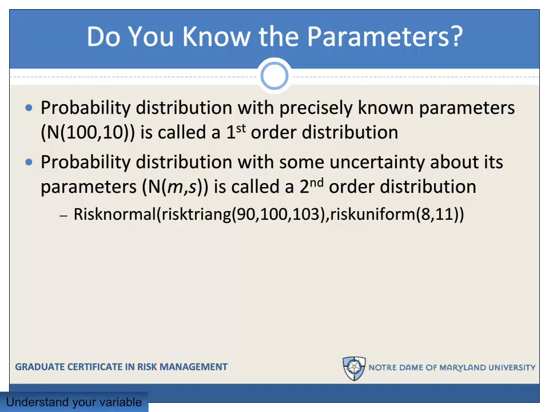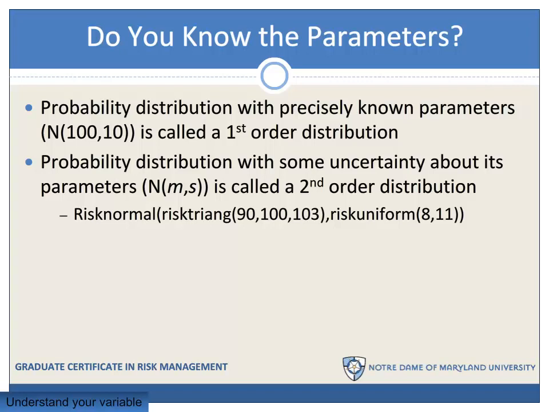There will be times, however, when we don't know what the mean or the standard deviation is, and we're going to call that distribution a second-order distribution. So here, using some of the @RISK terminology, you see an example of that.